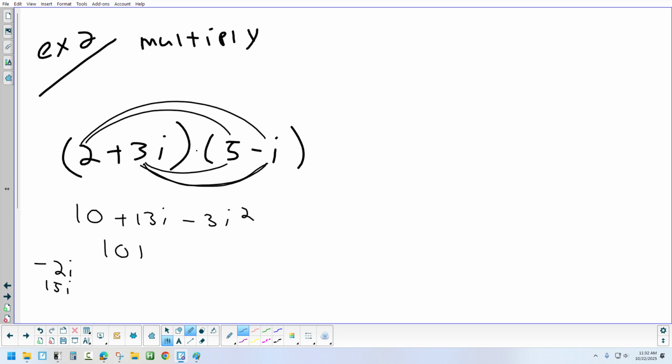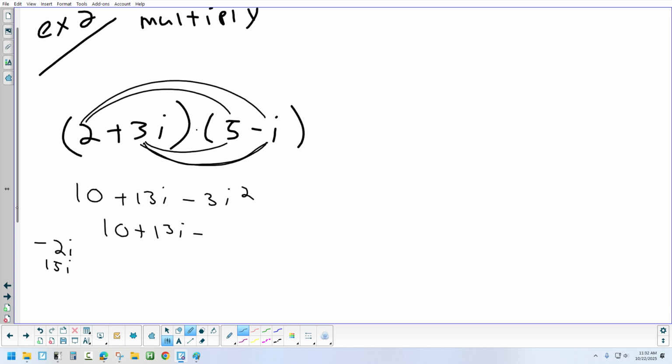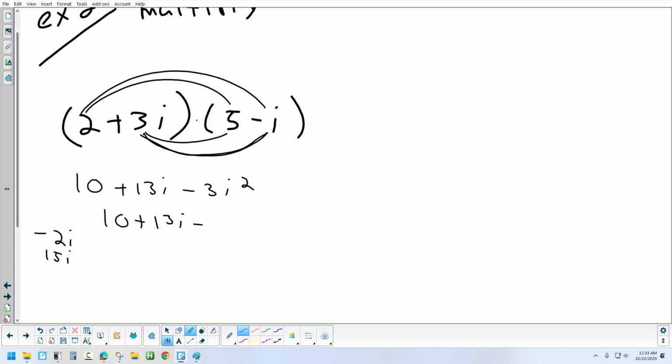Now, let's look at that. We have an i squared. i squared is what number? Negative 1. So it's really negative 3 times negative 1. What's negative 3 times negative 1? Positive.